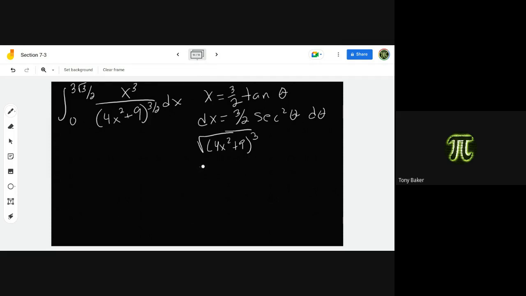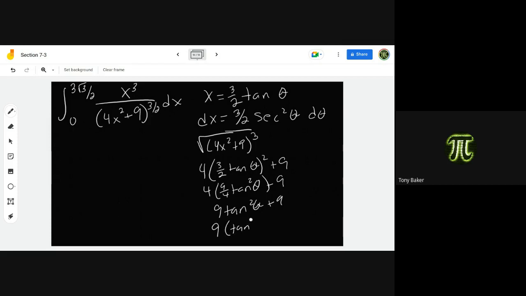So I have 4 times 3 over 2 tangent theta squared plus 9. So I have 4 times 9/4 tangent squared theta plus 9. So I have 9 tangent squared theta plus 9. Pull out the 9.